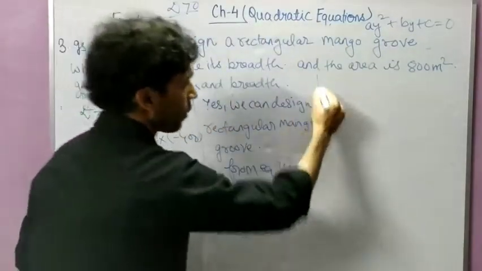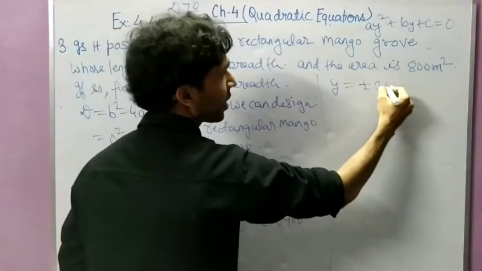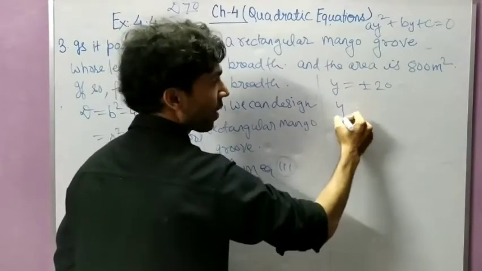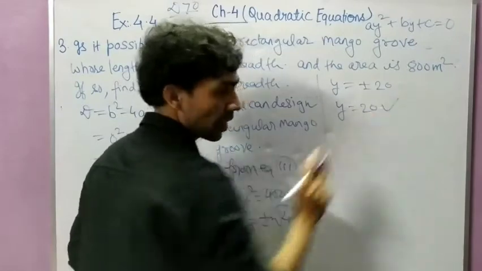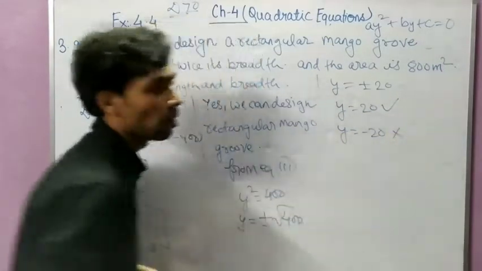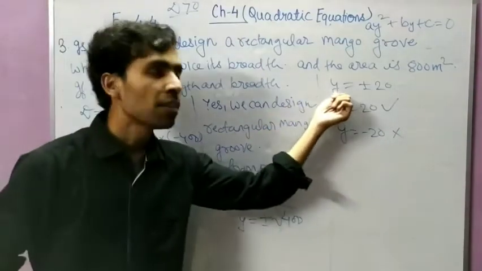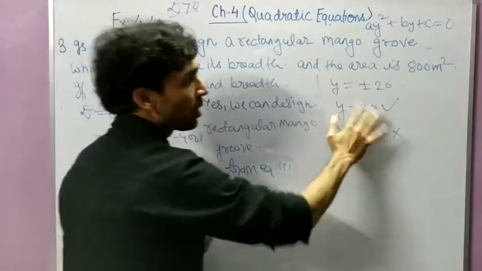So there will be two values of y, that is y is equal to plus minus 20. When we take y equal to 20, it is the correct value. When we take y equal to minus 20, it is not possible, because length and breadth cannot be negative, and y we have assumed as breadth. So y equal to 20 will be there.